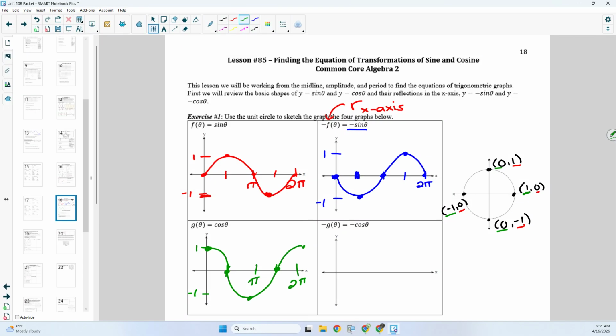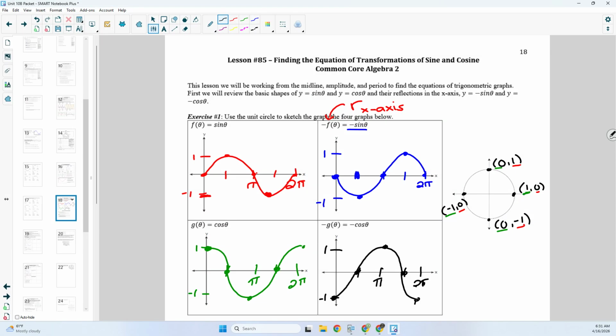And we'll start to look at properties, like what are we looking for as we do these transformations. So if I reflect cosine in the x-axis, instead of starting up at the top, I'm going to start at the bottom, because that's where the reflection would go. Then I come up and back down. So the graph would look like this.